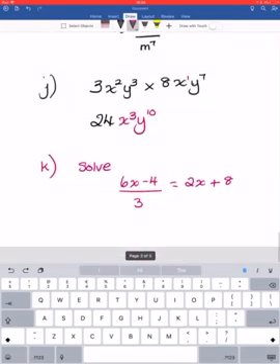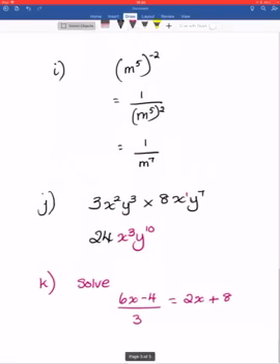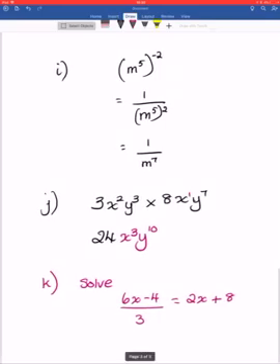Okay, right, what we need to do is get rid of that divide by 3. Oh heck, I'm going to run out of room. I am going to just put this on the next page because otherwise it's going to get really complicated.